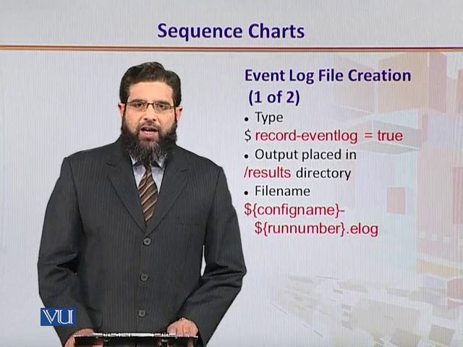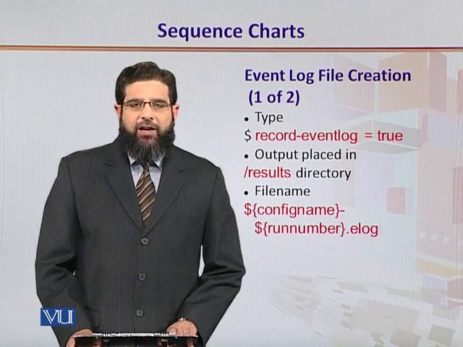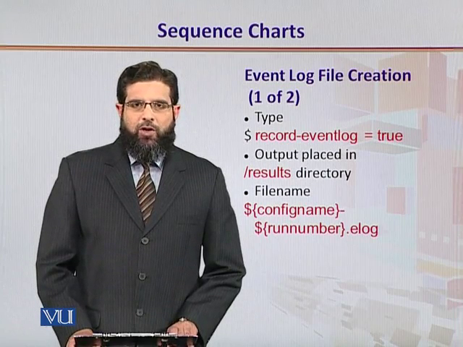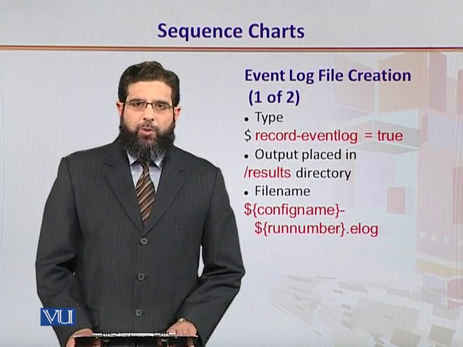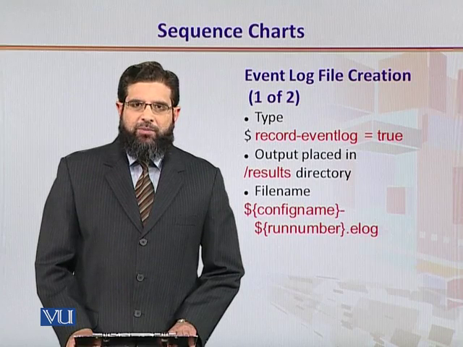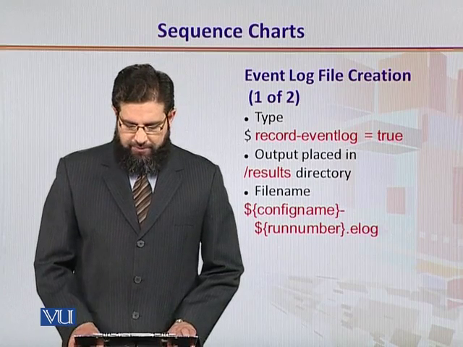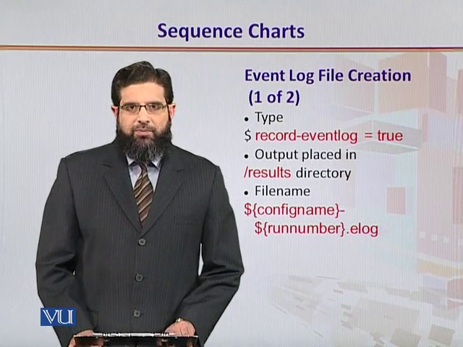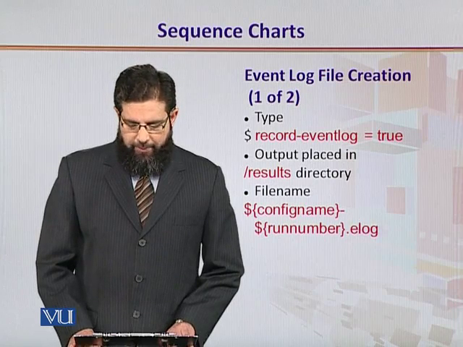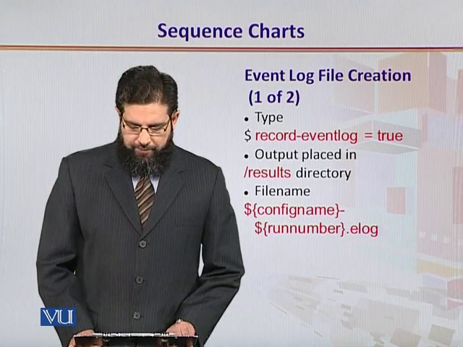The event log file creation is the starting activity that eventually becomes useful when we relate it to the sequence charts. So the event log files are created either through the command prompt or through the graphical interface. In the command prompt, all you have to do is type record-eventlog equal to true.